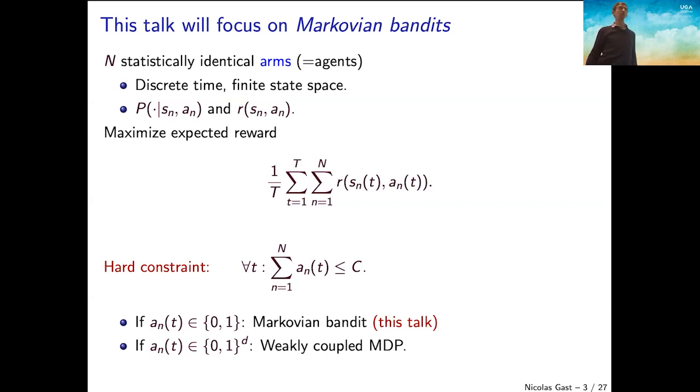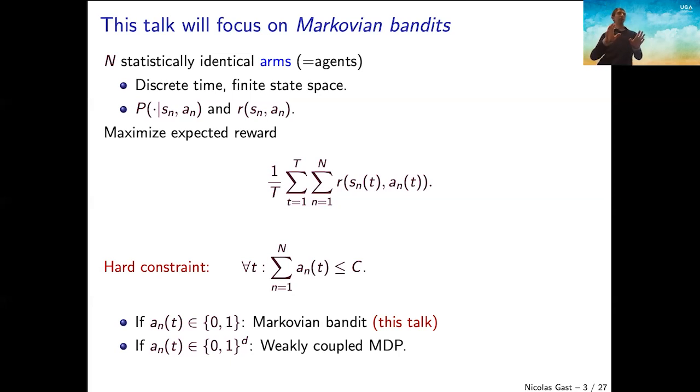Yes. Just a clarification with the notation, are you assuming all the arms are homogeneous or they can be independent? So there was a question that I will just repeat for the people abroad: are the arms all homogeneous?